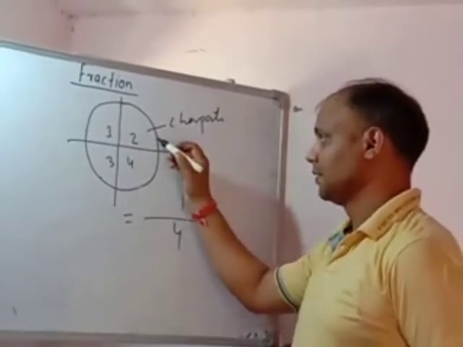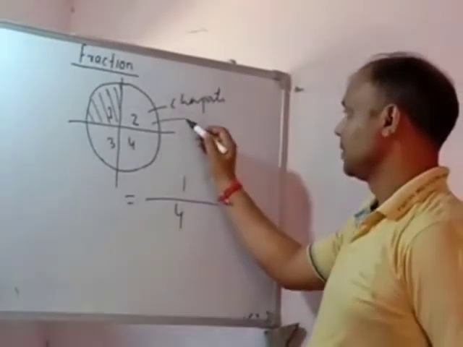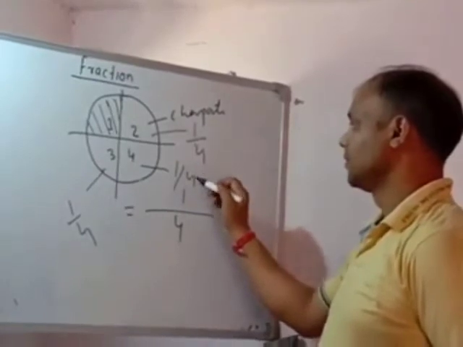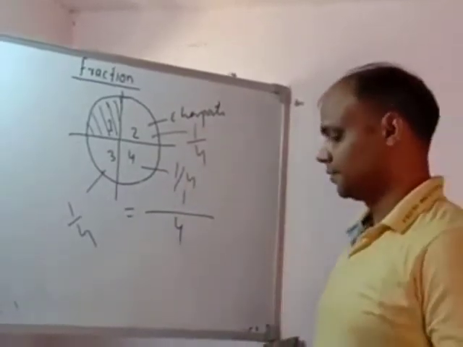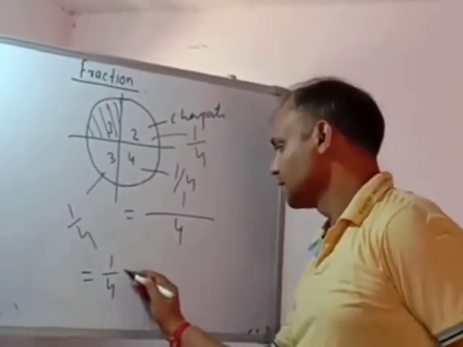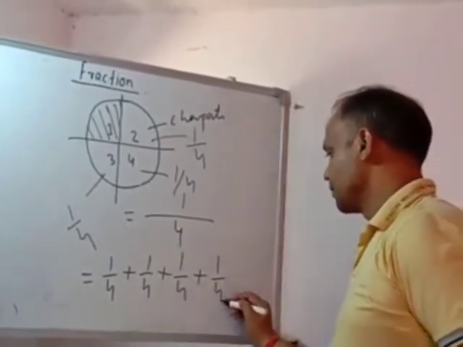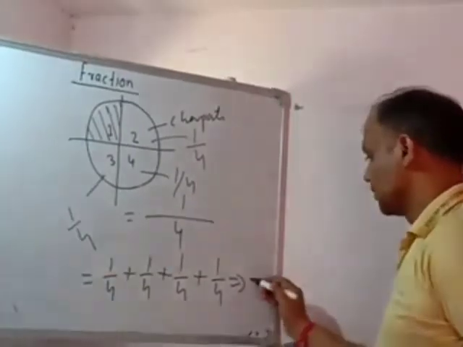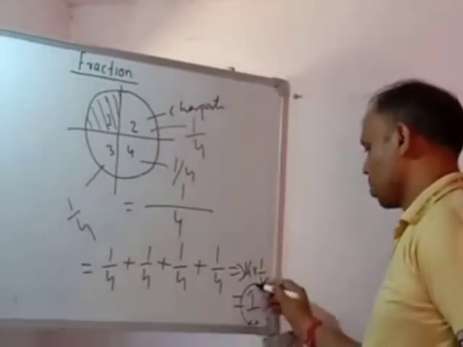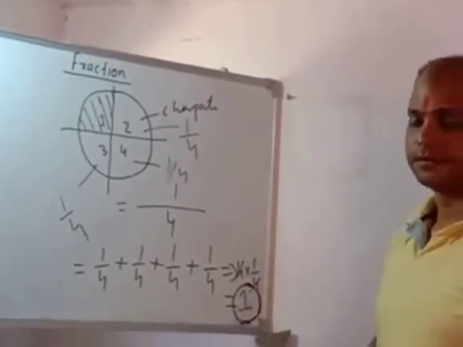The second part is also represented as 1 by 4, and so on. So when all these fractions are added, we get 1 by 4 plus 1 by 4 plus 1 by 4 plus 1 by 4, which equals 4 into 1 by 4, equal to 1. So our fraction should not be greater than 1.